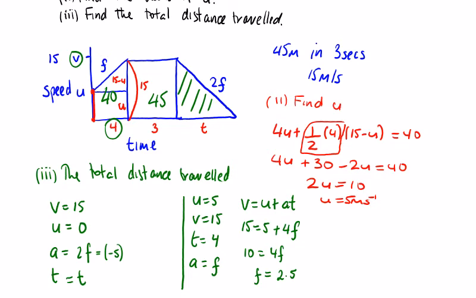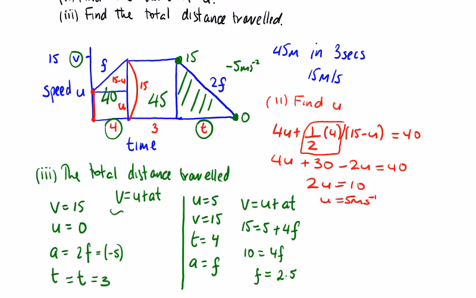So we can clearly see how long it's going to take to get from here to here. It's traveling at 15 up here, and it's going to go to 0, and it's going down at 5 m/s squared. So we can see t is going to be equal to 3. T is equal to 3. So v is equal to u plus at. That's where we're going to get this t from.